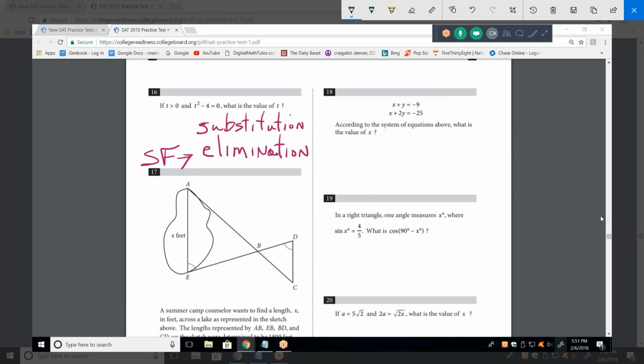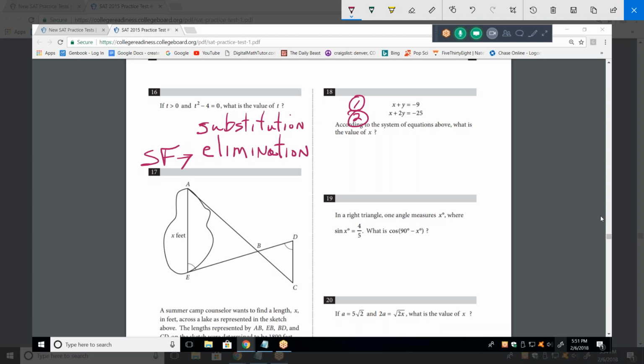Now, why? Well, because math says you can add or subtract any 2 equations. I have equation 1 and equation 2, so I can add those 2 equations together or I can subtract them.